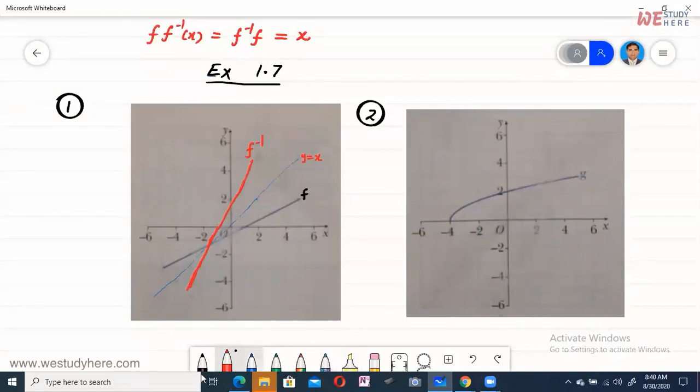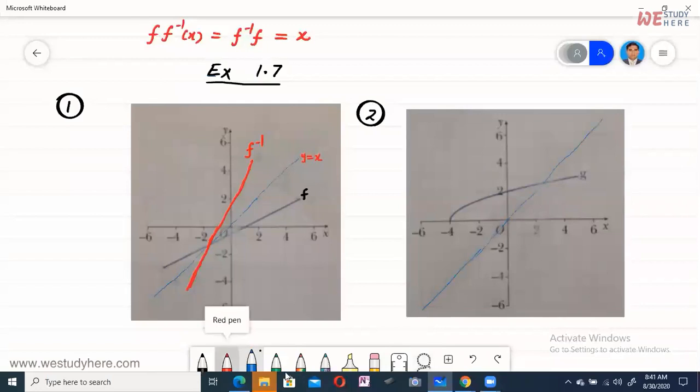Then in question number 2, this function g is given. First of all, we will draw the line of symmetry. This is the line of symmetry.